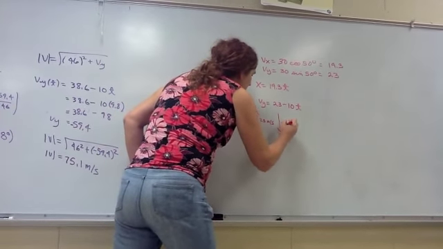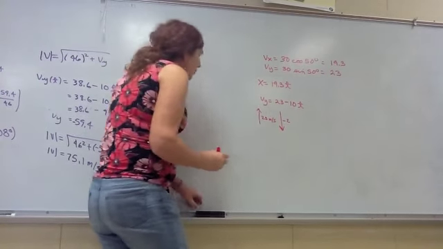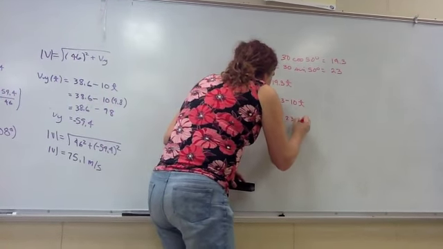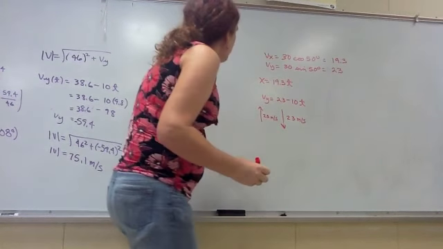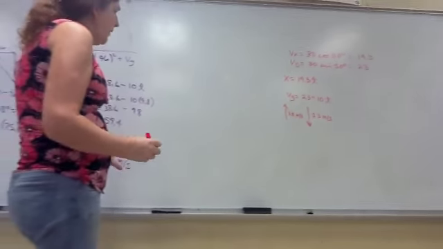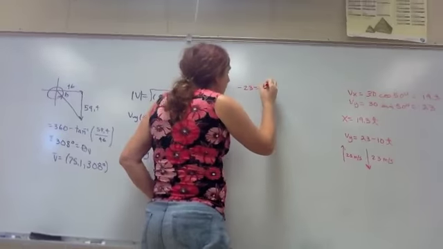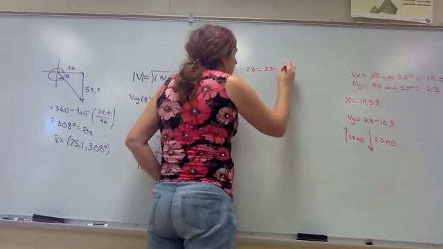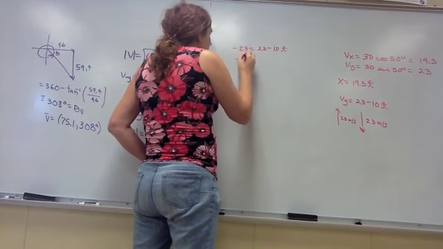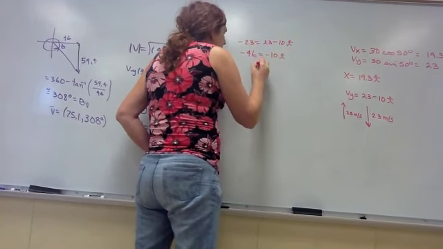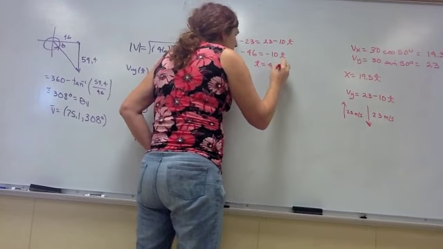When it hits the ground, it's going the opposite direction at 23 meters per second. So at the time when it hits the ground, it's at minus 23. So minus 23 is equal to 23 minus 10t, so minus 46 is equal to minus 10t. So the time in flight is 4.6.